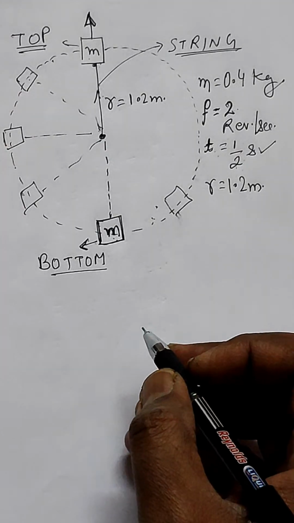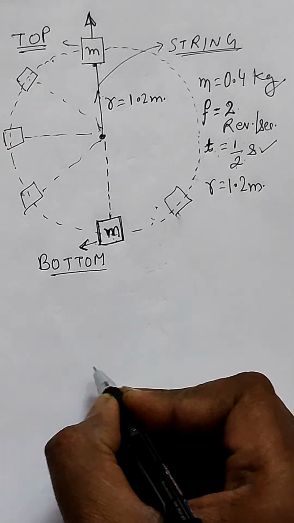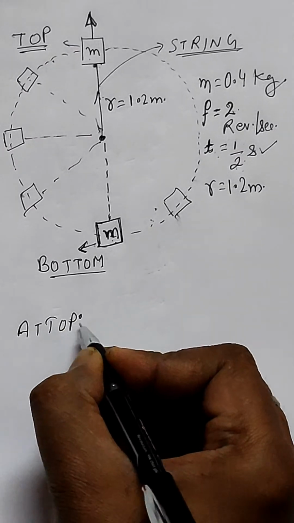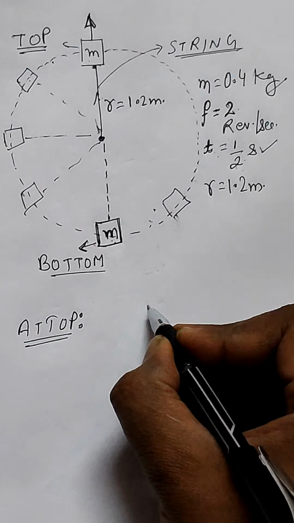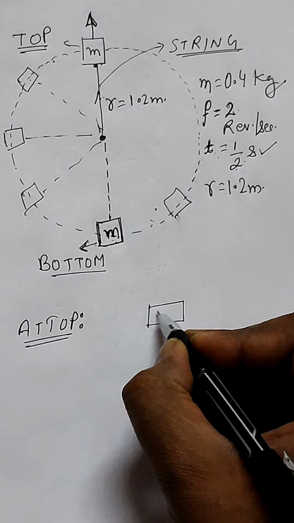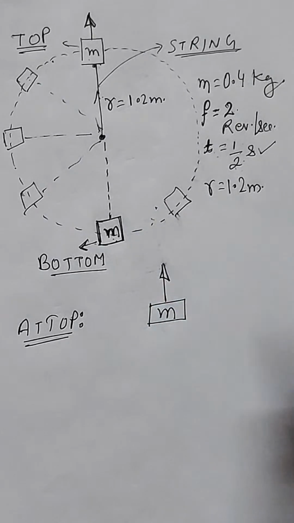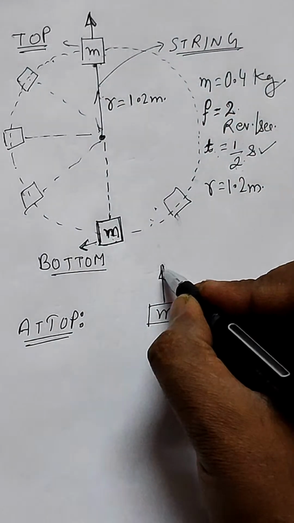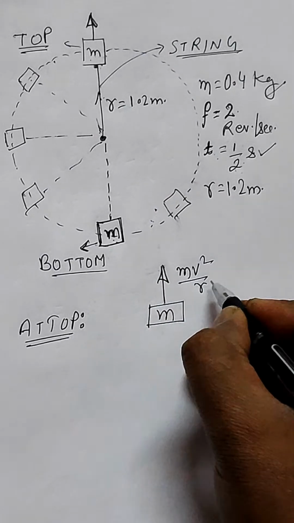So let us draw the free body diagram when the body is at the top. At the top, the body will be like this, and the centrifugal force which will be acting, I am talking about this position, position 1, it will be mv square by r, right?